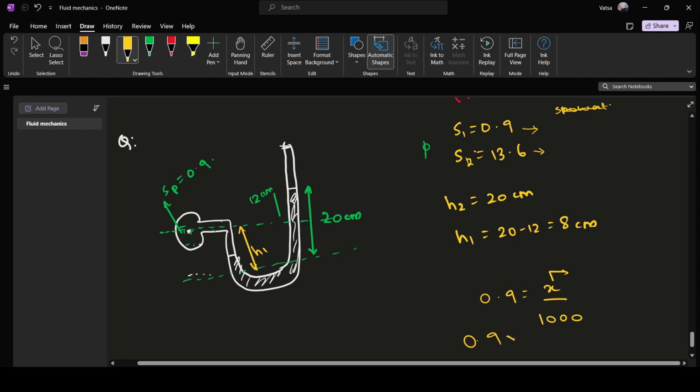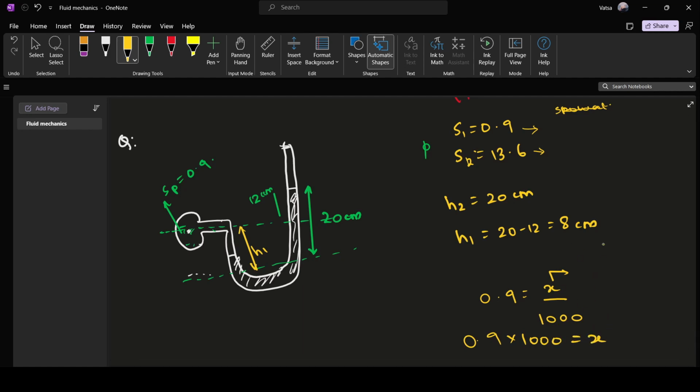So 0.9 into 1000 gives the density of the liquid, which is 900. So our density rho 1 is 900 and rho 2 is 13,600.